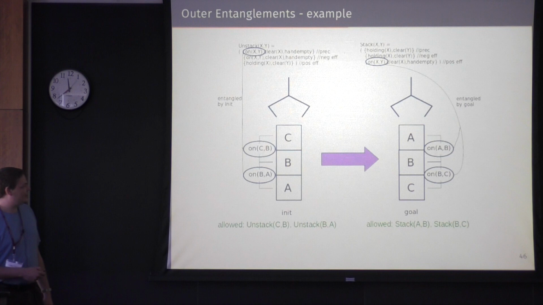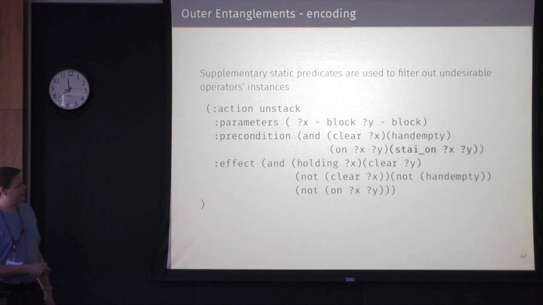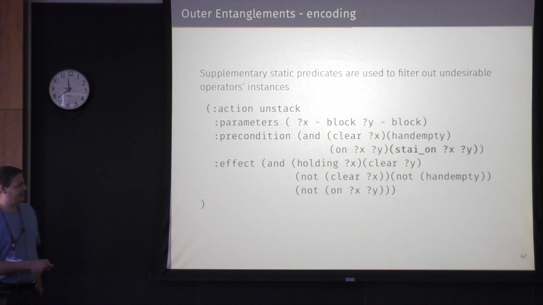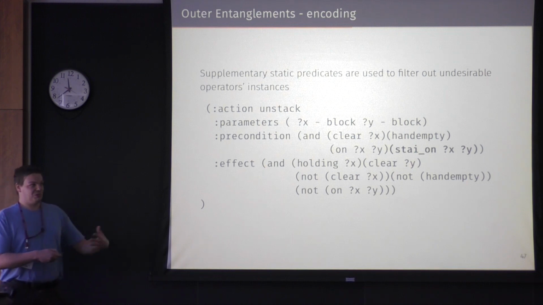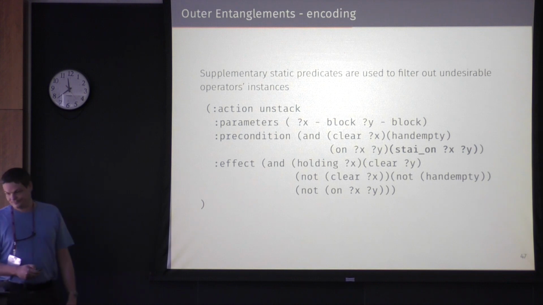So in this case it will be static on C B and static on B A, and since this is a static predicate in the precondition, it just restricts the number of instances that the unstack operator can have.